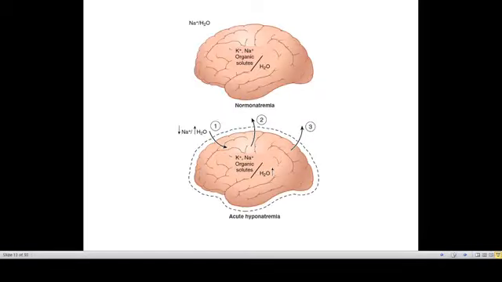This figure shows the brain cell volume regulation during hyponatremia. The top panel shows normonatremia and normal brain size. During acute hyponatremia, there is diffusion of water into the brain cells, causing swelling of brain tissue, indicated by dashed lines as shown in the lower panel.